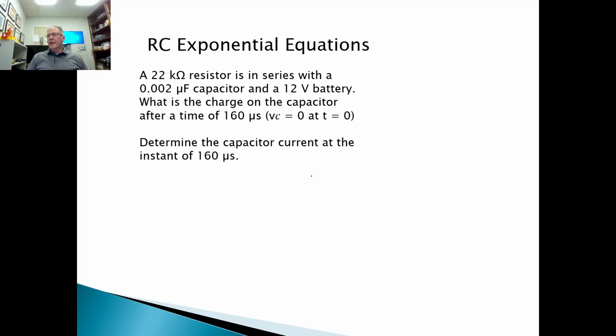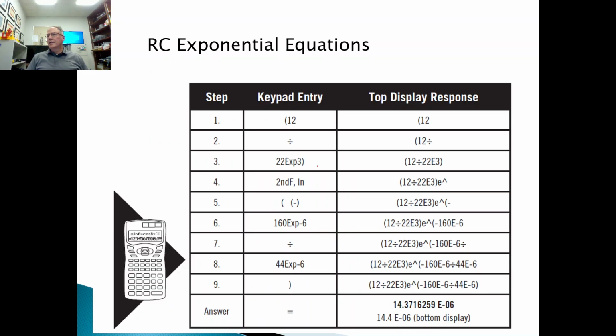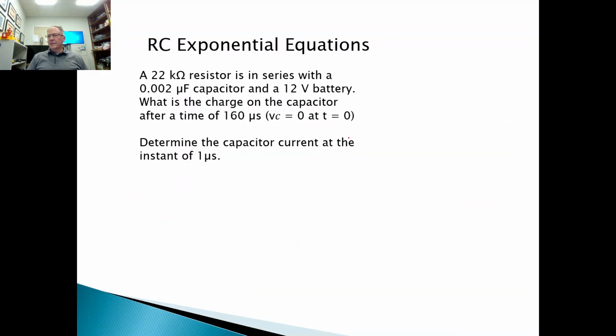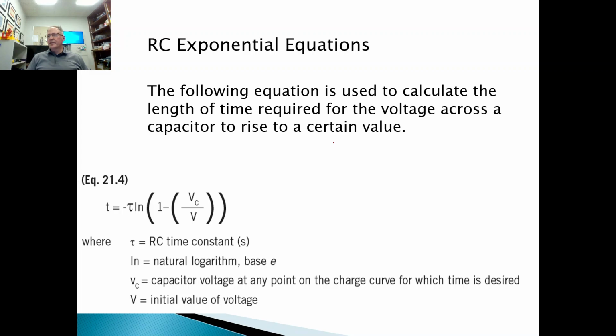Okay, so here's another one, and you can see that you can calculate this without any problems. All right, so here are the calculator steps again, and it just keeps going.